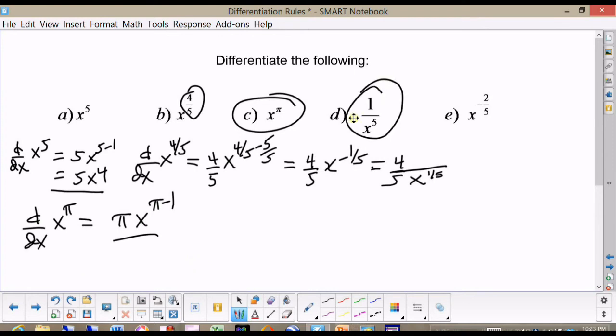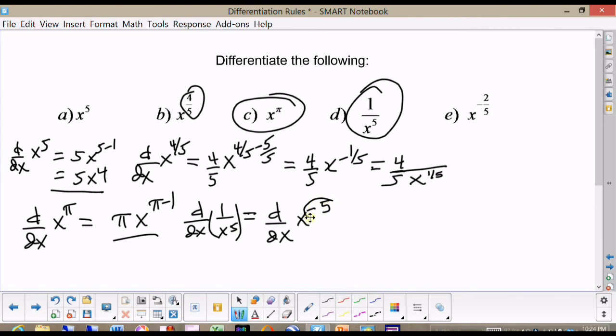Notice that to do 1 over x to the 5th, you have to do d dx of 1 over x to the 5th. You need to have x in the numerator. So that would be d dx of x to the minus 5.